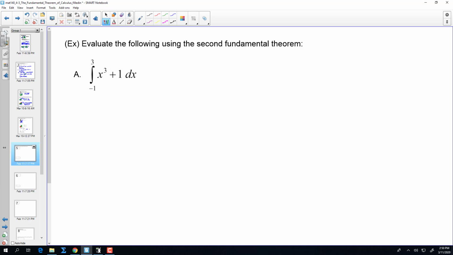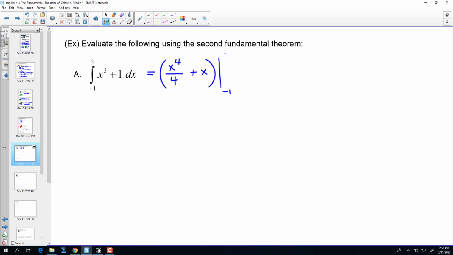So I have the integral from -1 to 3 of x cubed plus 1 dx. What the fundamental theorem says is to find an antiderivative. So the antiderivative of x cubed plus 1: we will add 1 to the exponent and divide by the new exponent. The antiderivative of 1 is just x, and then we evaluate from -1 to 3.